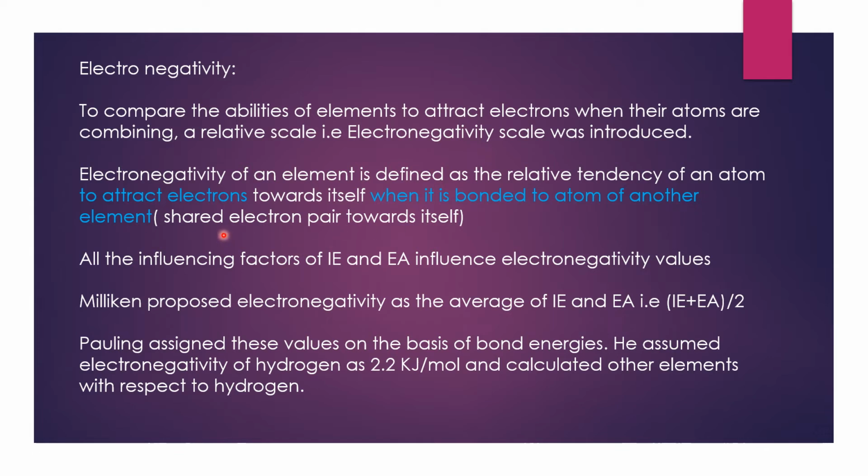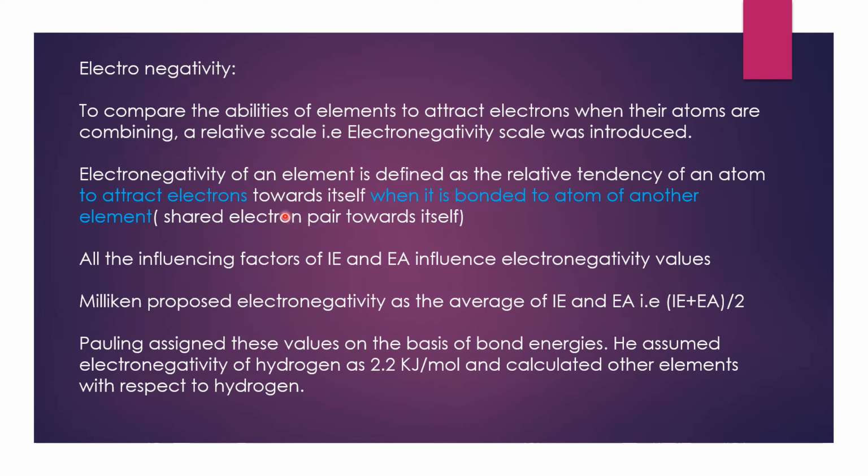How can you define electronegativity of an element? It is the relative tendency, meaning comparative tendency, of an atom. When you are defining the electronegativity of an element, it is compared with another element during bond formation. So when the compared element is involved in a bond formation, its ability or relative tendency to attract the shared pair of electrons towards itself is known as electronegativity.